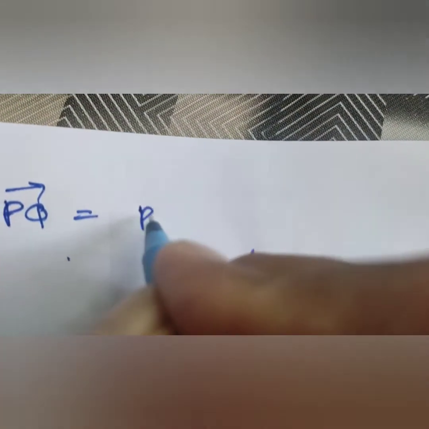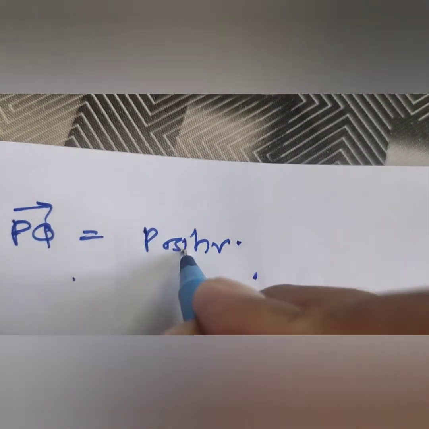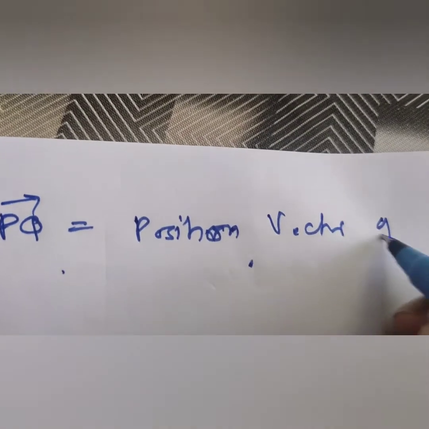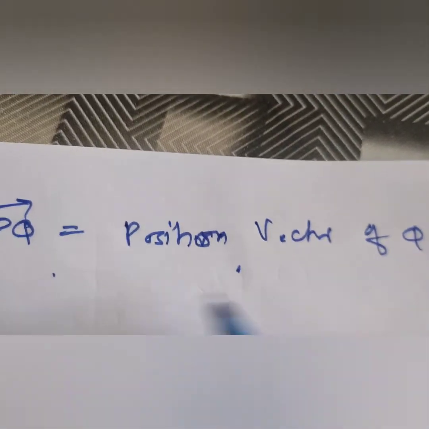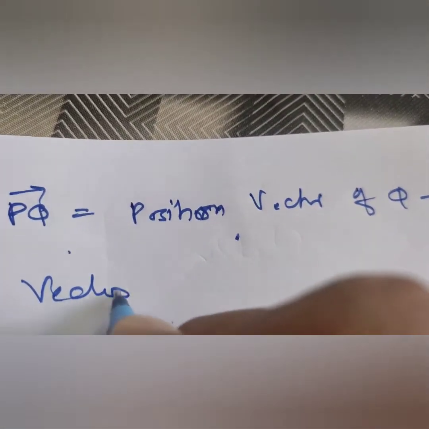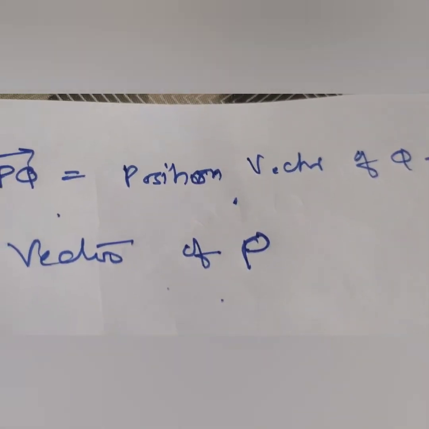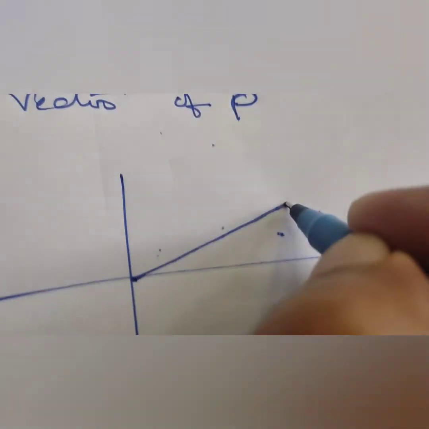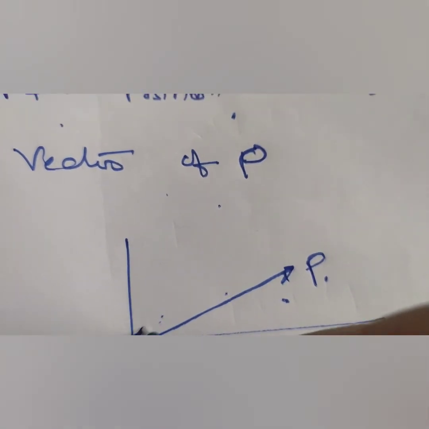PQ is a vector which is equal to the position vector of Q minus the position vector of P. Okay, let's take two points here. One is here, OP, another is here, OQ.